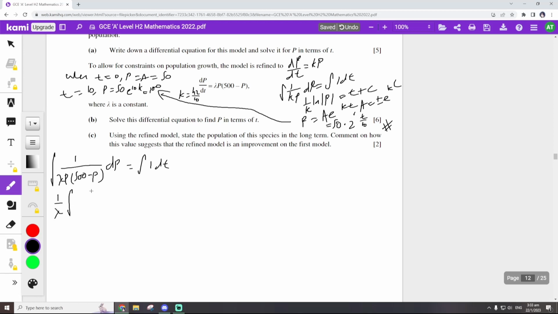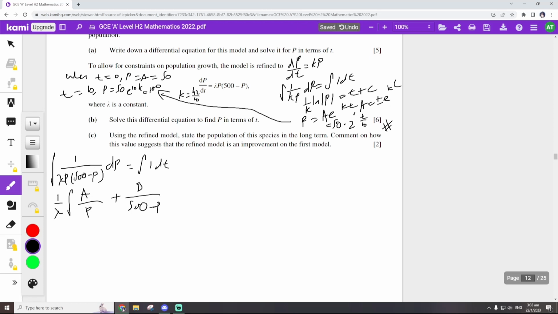So you can do the cover-up rule, of course. So a over p plus b over 500 minus p, and this equals 1.